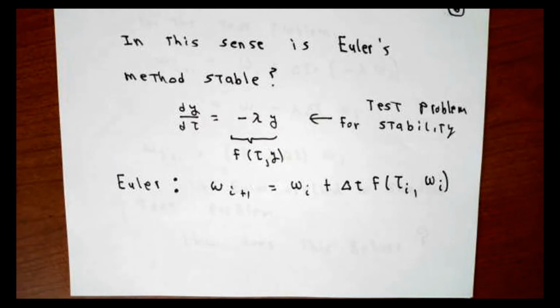That means f of t and y is just negative lambda times y. Euler's method says the estimate at time i plus 1 is the estimate at time i plus delta t times the right-hand side of the differential equation evaluated at (t_i, w_i).